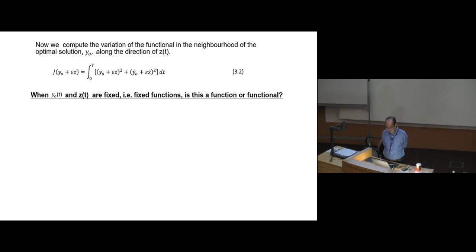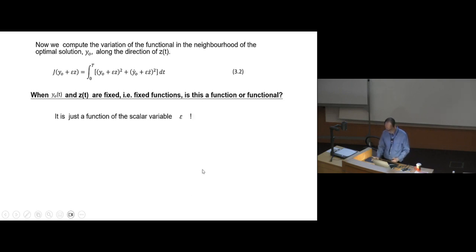So look at this expression. This cost, we already changed, right? We say, okay, I will fix my y naught and z, then it is a function of epsilon. It's a function of one scalar variable. Epsilon is the size of the change of the optimal solution.